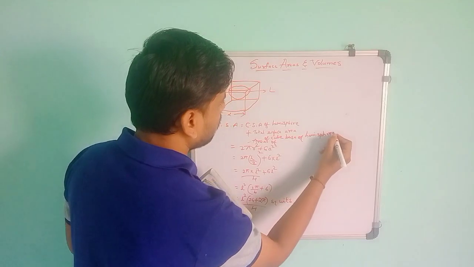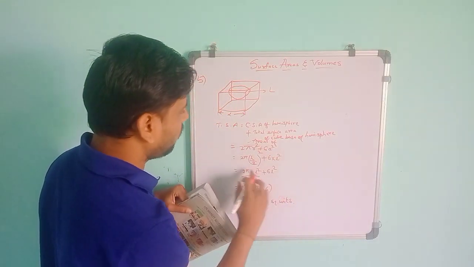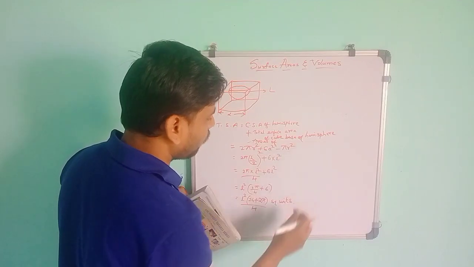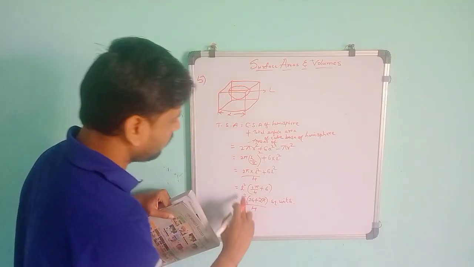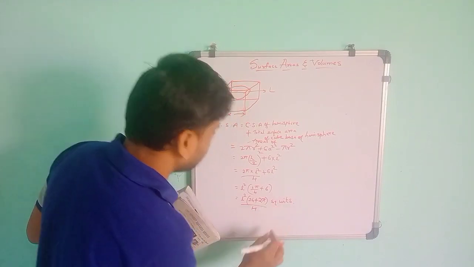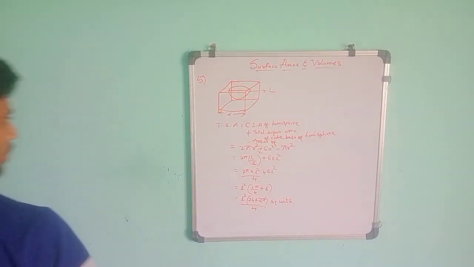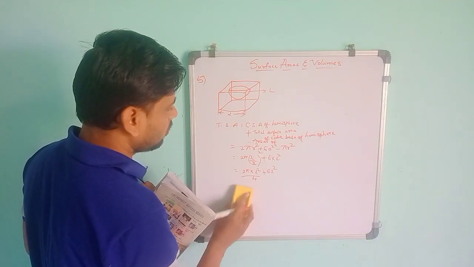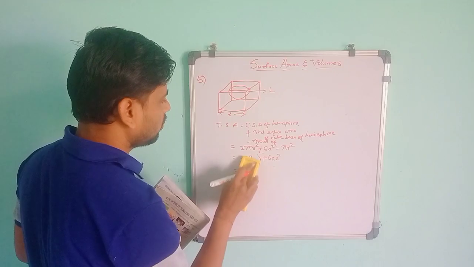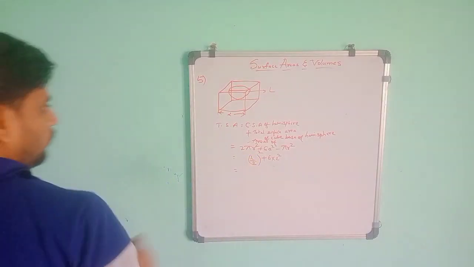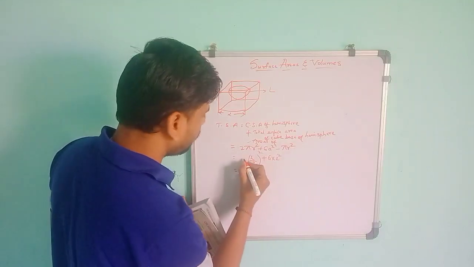So this will be pi r square. 2 pi r square is the curved surface, and 1 pi r square is what you have to subtract. So 2 pi r square minus pi r square will give you pi r square.